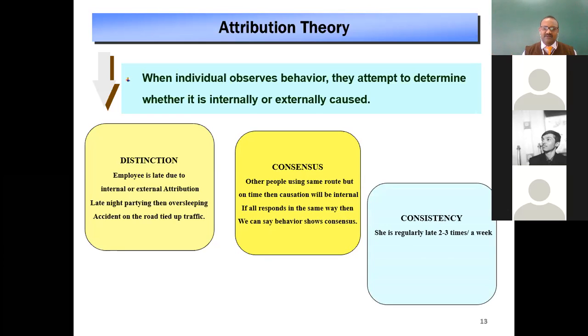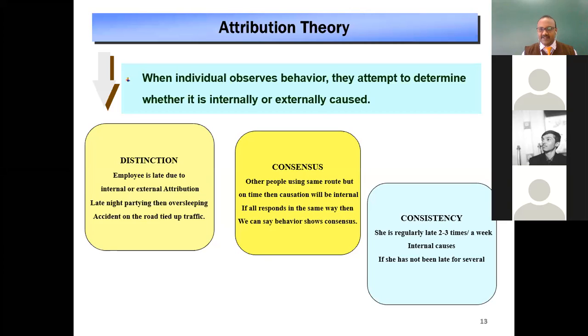Whatever explanation you give, whether internal or external, people have already created a certain judgment. So even if it's a very genuine cause, people will not accept it because you've always given that sort of image, because you're constantly late or always late.